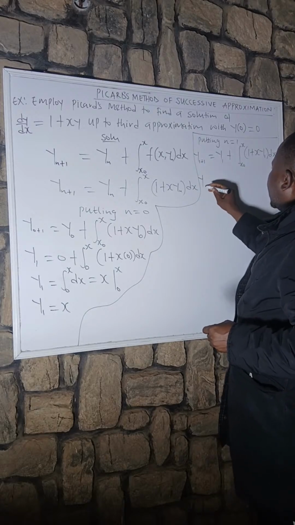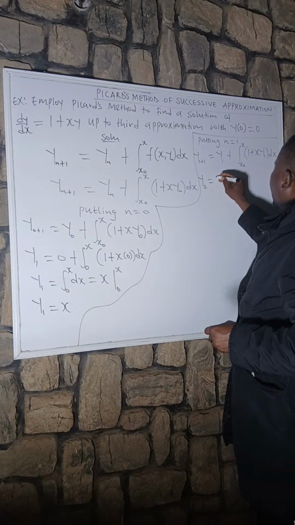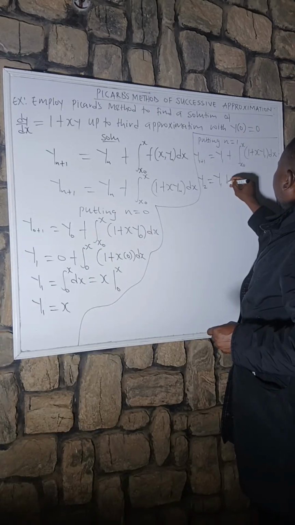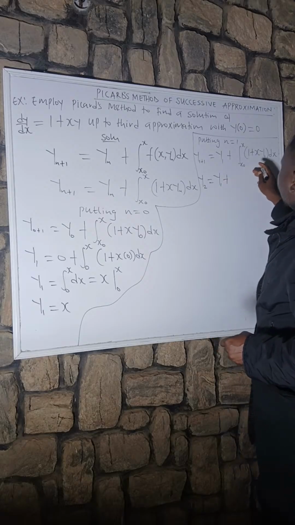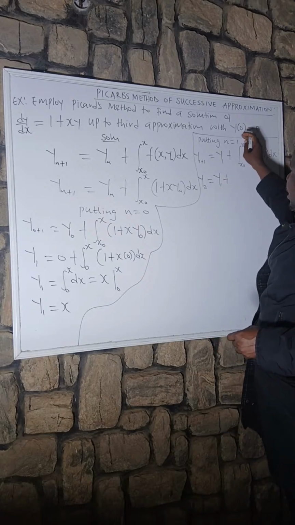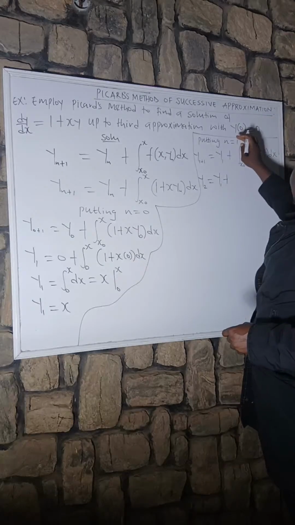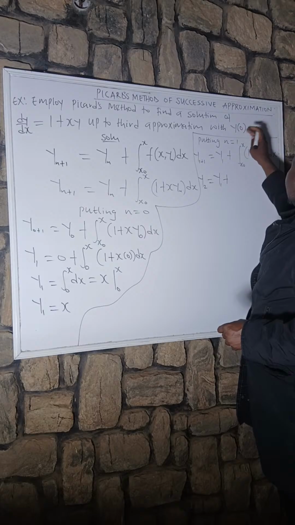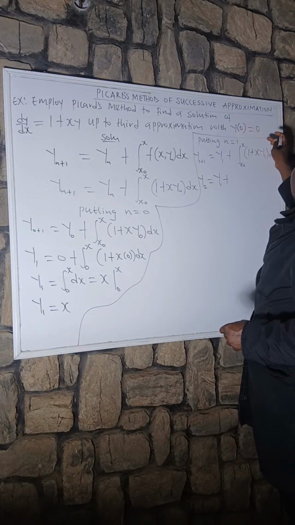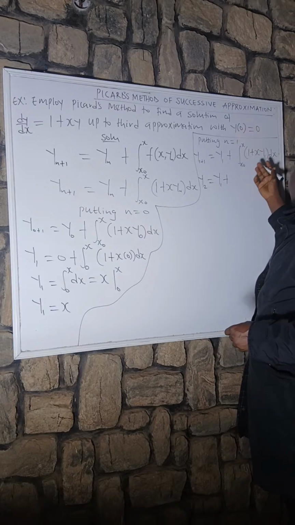1 plus 1 is 2, so y2 equals y1 plus, mind you, x naught. The boundary condition here is y naught is 0, then x naught is 0.